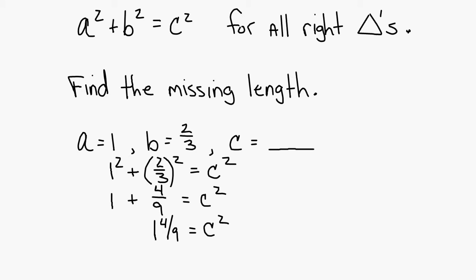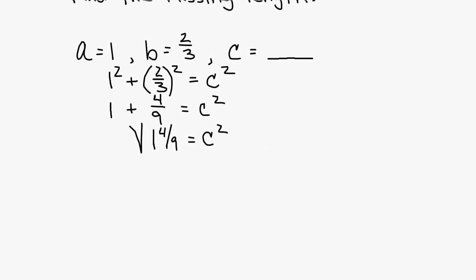So, remember from yesterday, now your last step, if 1 and 4/9 equals C squared, you have to find the square root of each side. But this number is still sitting in your calculator, the 1 and 4/9. So you can push the button 2 above the 9, the square root button, and it will give you the square root of 1 and 4/9.